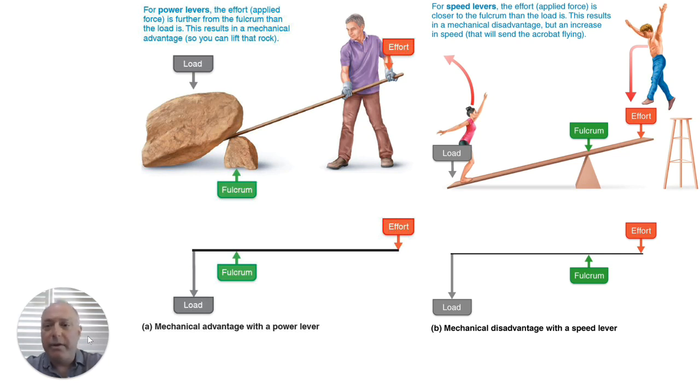So if you want to have a power stroke or a very powerful contraction, the fulcrum will be as close to the load as possible. For speed, the fulcrum is away from the load, and this produces the greatest speed, but there's a mechanical disadvantage where there's not a lot of power. So changing the fulcrum changes the mechanical advantage.